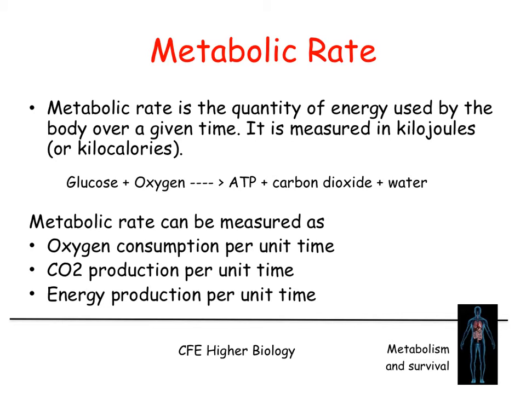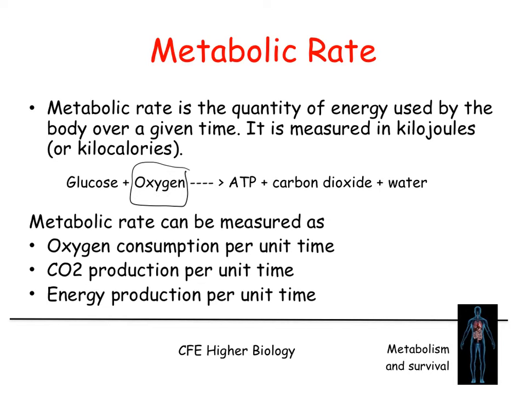And we know that the word equation for aerobic respiration is glucose plus oxygen gives us energy, carbon dioxide and water. So we can actually measure metabolic rate by looking at the different things that are involved in that equation. We can measure the metabolic rate by measuring how much oxygen is used up over a period of time.